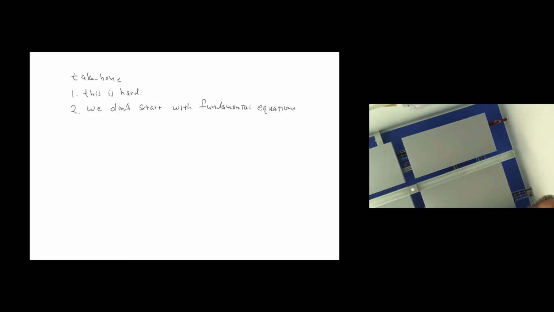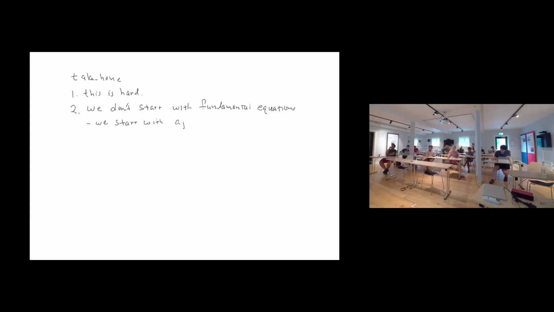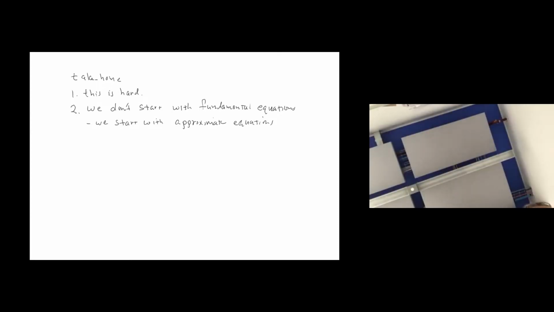Okay, so we always, in some sense, we start with approximate equations. Okay, so if you think about it, down here at the very bottom is true equations describing the universe.